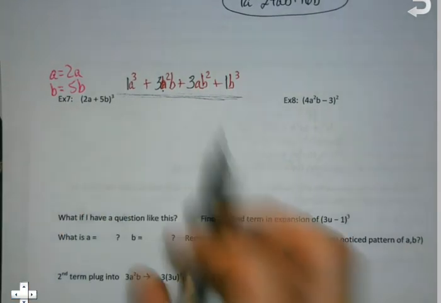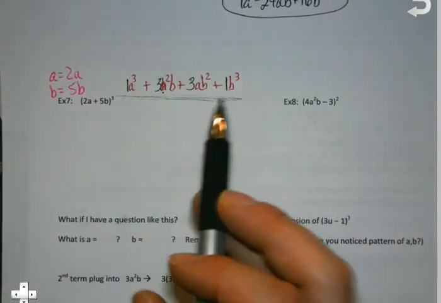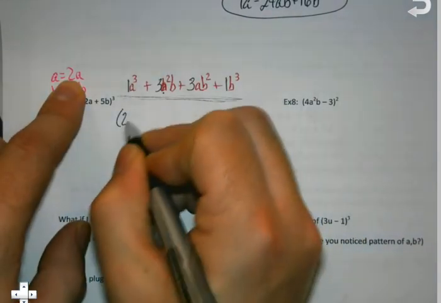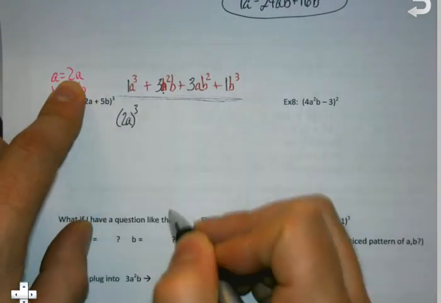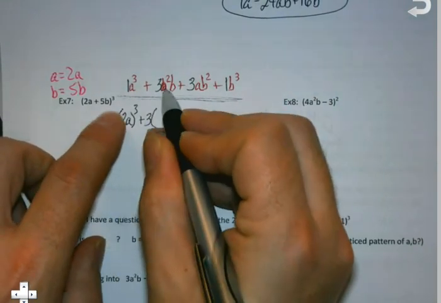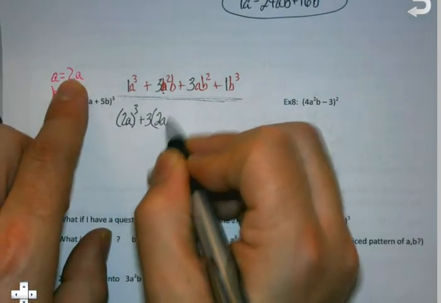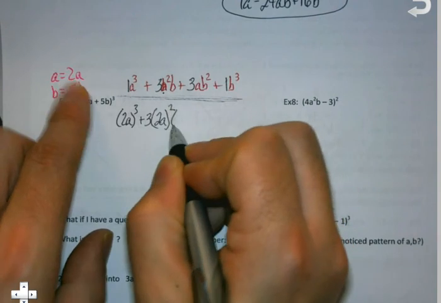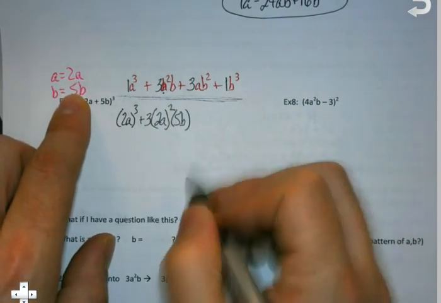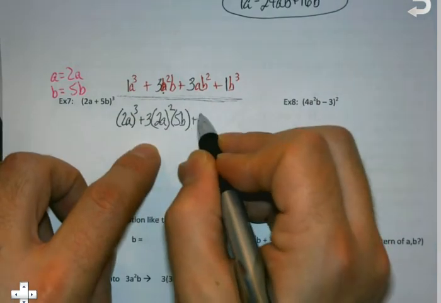If you see where this is coming from, all I have to do then is say, okay, this is my first term, so it's 2a cubed. Then when I get to my second term, my first term squared, my second term. Then I just keep moving along.